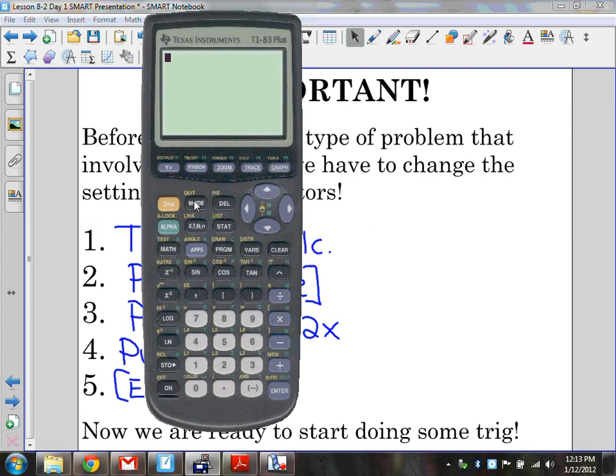So that means that when we clear the memory in the default settings, the calculator is going to default back to radians. If it's in radians, though, your calculator will not correctly solve trig ratios. It will still solve them, but you won't get the right answer. So when you go to the SOL, the very first thing you're going to want to do is put your calculator back into degrees.